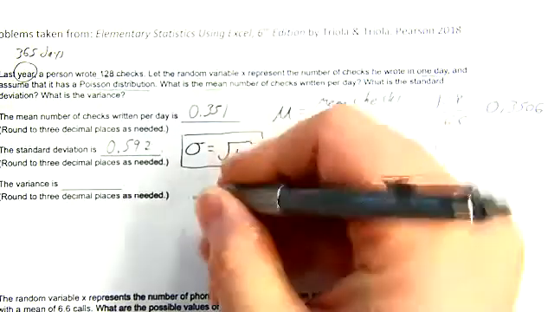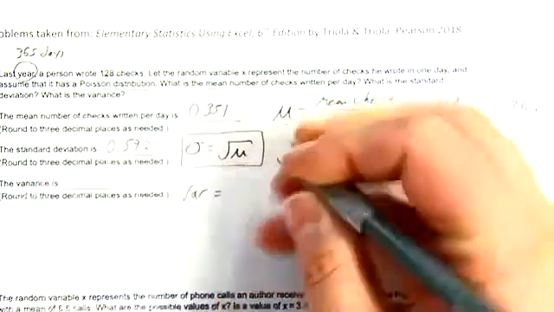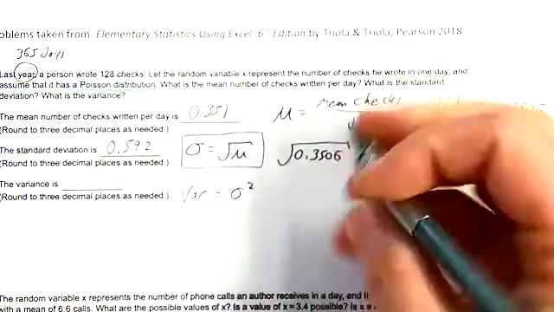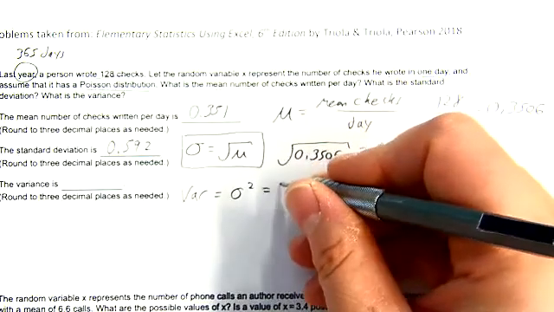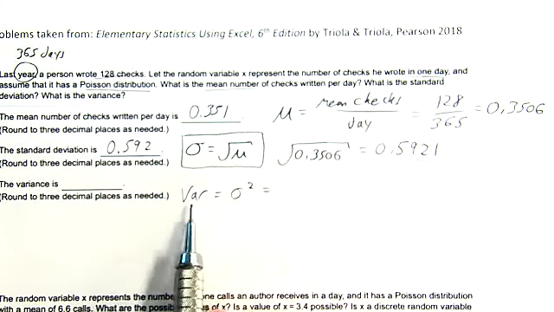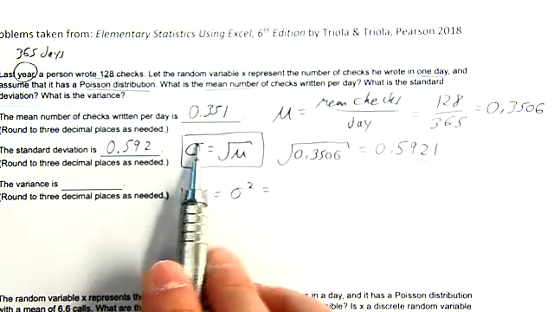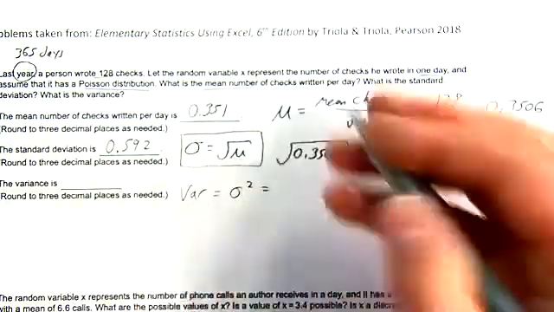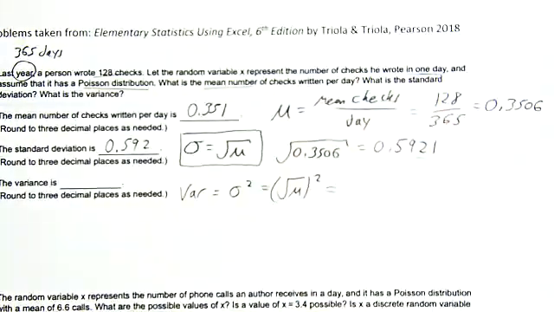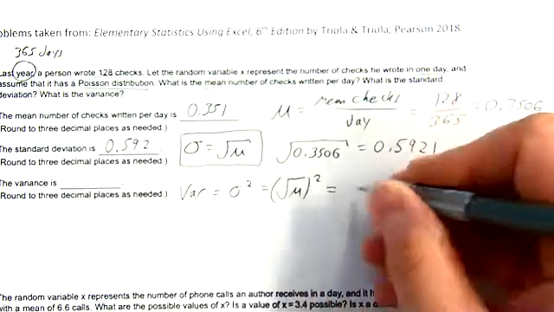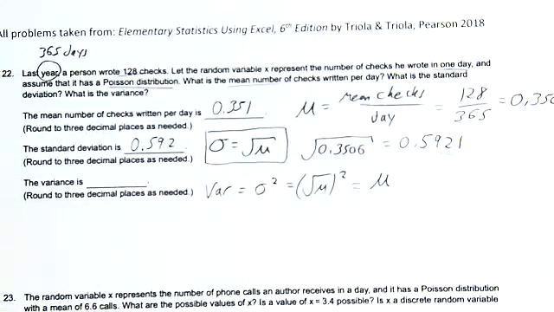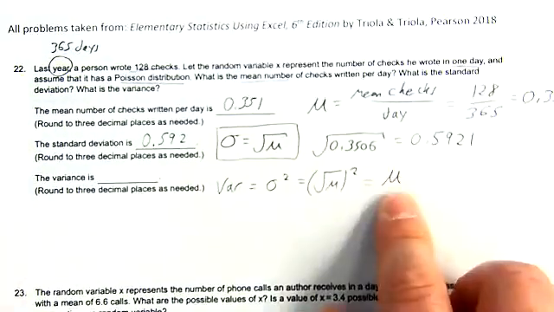The variance is equal to sigma squared, that's always true. But if you look at this in Poisson, if the standard deviation is square root of mu and variance is sigma squared, if I square both sides, I would get square root of mu squared. The square root and the squared cancel, so you just get mu. So Poisson is kind of interesting in that the variance is equal to the mean.